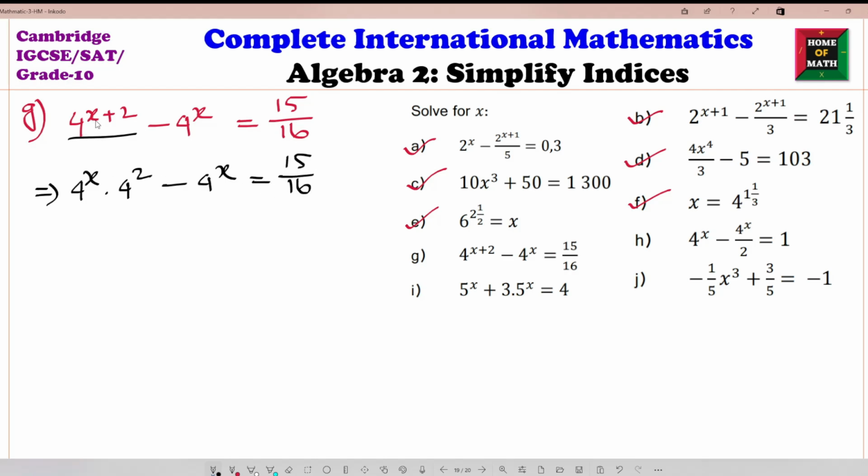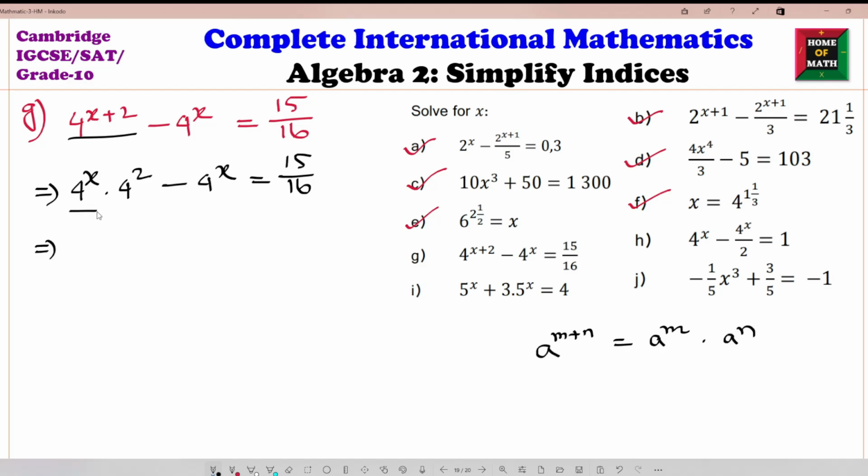Why does 4 to the power x plus 2 become 4 to the power x times 4 to the power 2? Because a to the power m plus n can be written as a to the power m times a to the power n.